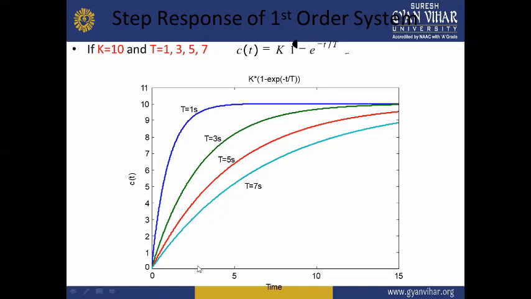In this navy blue color, you are getting the response at a very fast rate. Now when I increase the time constant from 1 second to 3 seconds, the response rate is reduced somewhat.